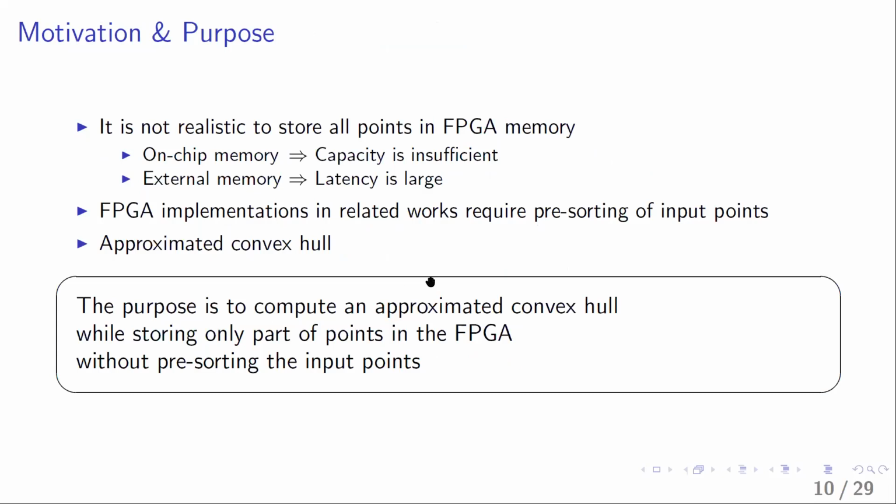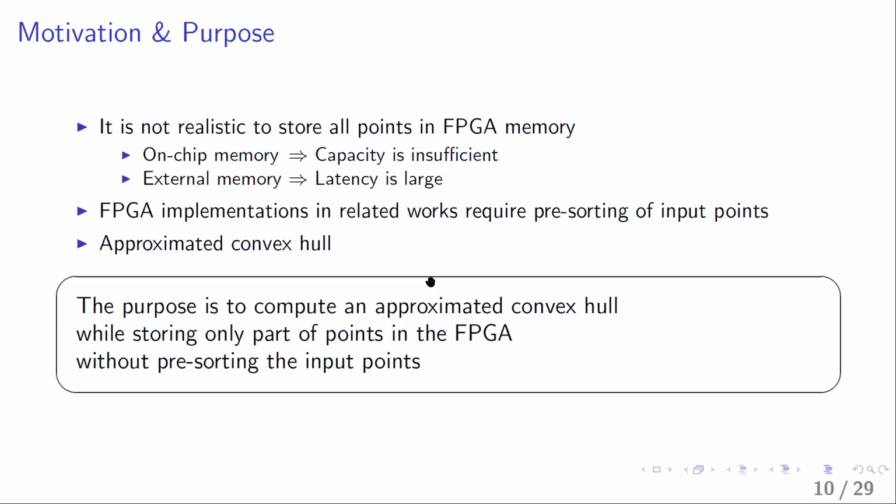To find the convex hull of unsorted points, it is necessary to store all the points into a memory before starting computation. However, it is not realistic to store all points on FPGA in terms of memory capacity and latency. Moreover, FPGA implementations in related works require pre-sorting of input points.